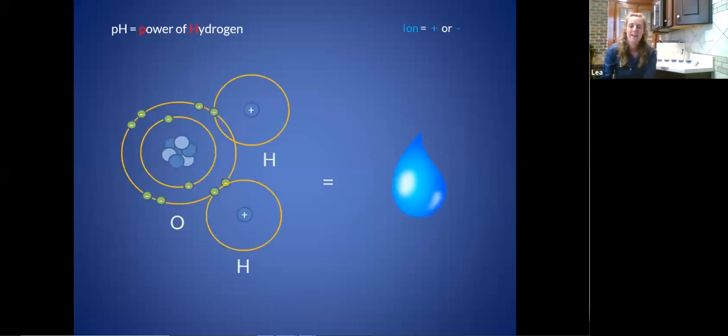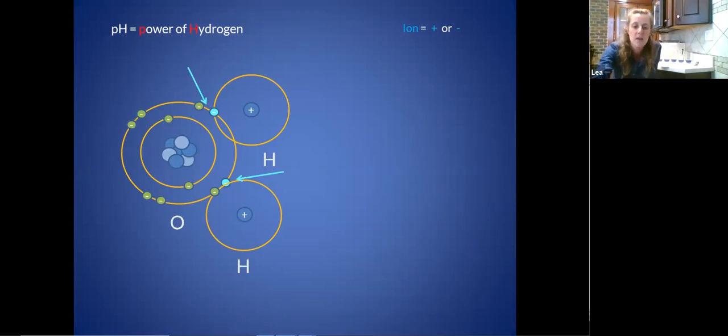Let's take a look at an example. In our webinar on the Manhattan Project, we learned a little bit about water and the subatomic particles that make up water. We learned that water is made up of 2 hydrogen atoms and 1 oxygen atom, and these atoms are bonded together through their electrons. Electrons are negatively charged particles, and the hydrogen and the oxygen share those electrons.